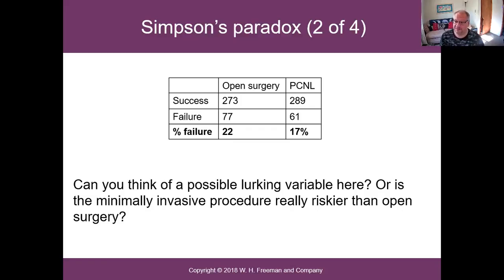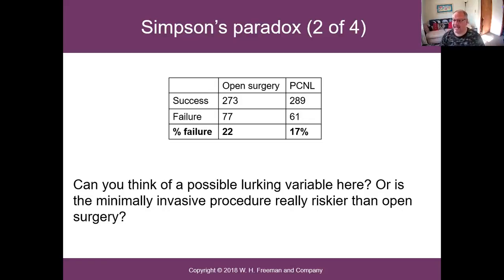Absolutely, most definitely. So why would it be that for open surgery and PCNL, I have a 70% for PCNL and I have a 22% for open surgery, with failure and success? The reason is that if you look at the group as a whole, not people that had kidney issues but got open surgery versus people that had PCNL, but the whole group altogether, you'll get an answer that is very different.